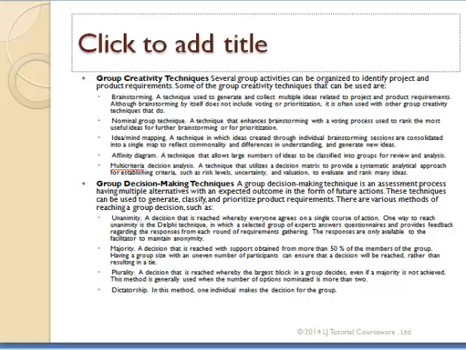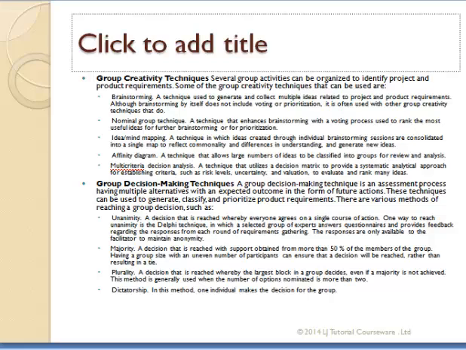You might want to say, what is the risk level for this? What is the cost level for this, and so on. Then also we have group decision making techniques. When you call for a meeting, people can sit down and, after the meeting, they can vote. In a meeting, if everybody agrees on a single course of action, that's unanimity.